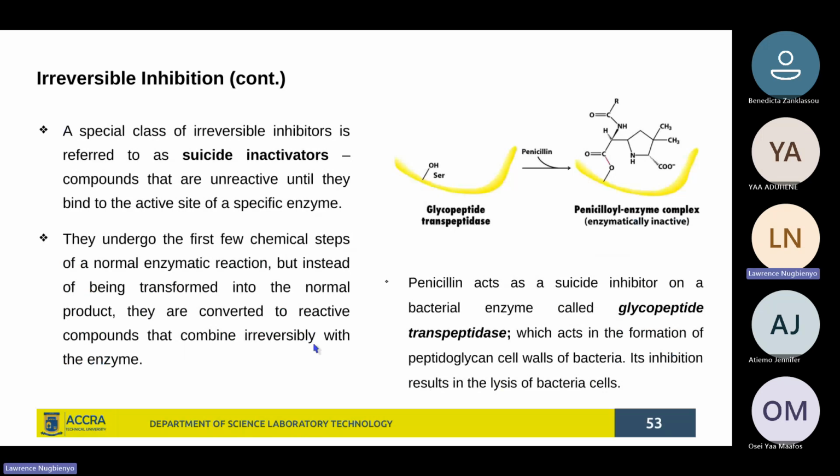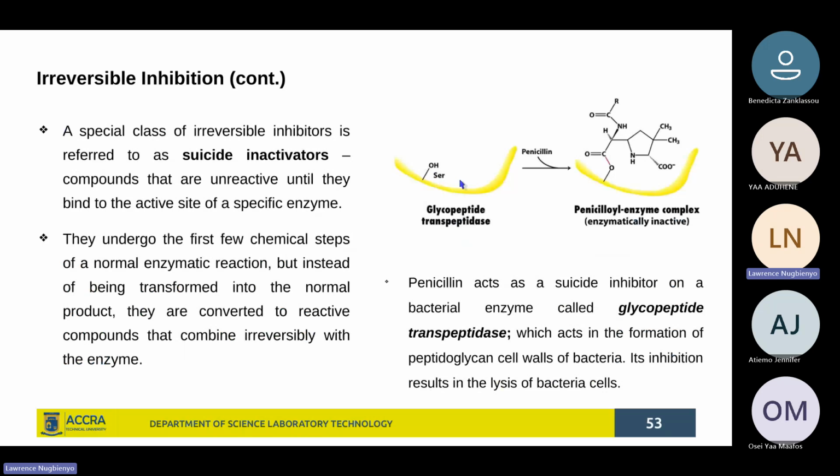It's a transpeptidase, and at the active center of this enzyme, you also have serine, so it's depicted with the active center having the hydroxyl group.